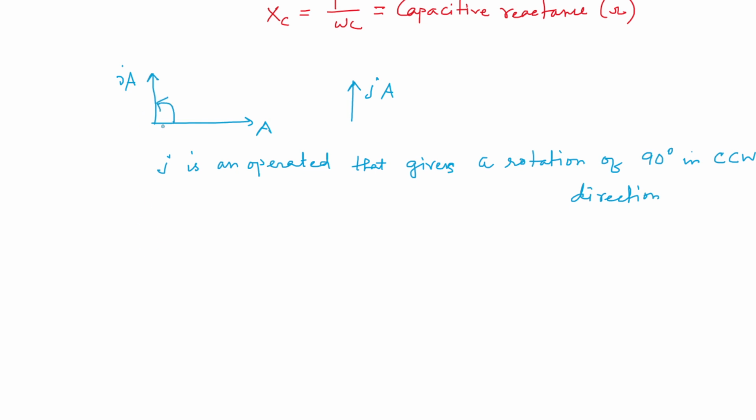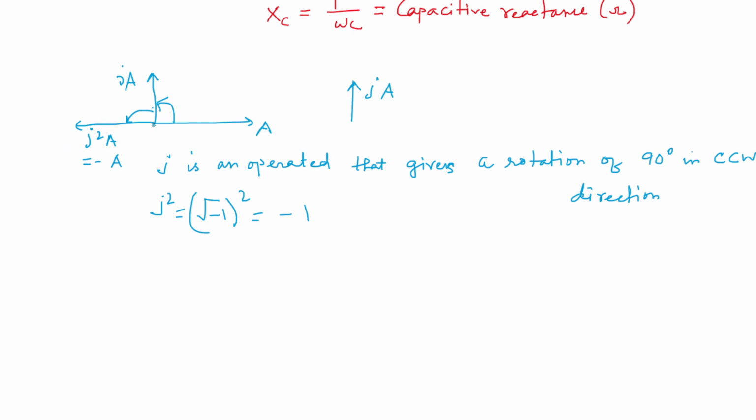Now if I multiply it with another j, it will become j square. It will be another 90 degree rotation. j square actually means root under minus 1 whole square, minus 1, so it will give you minus A. Two j's multiplied give a 90 degree rotation and then another 90 degree rotation, which is minus A, exactly opposite.